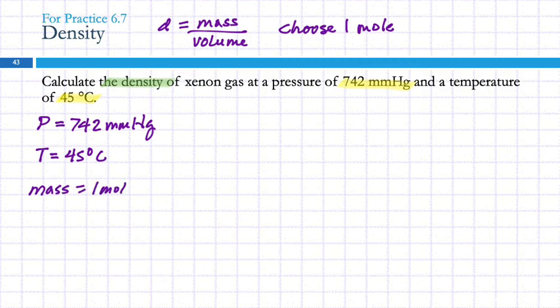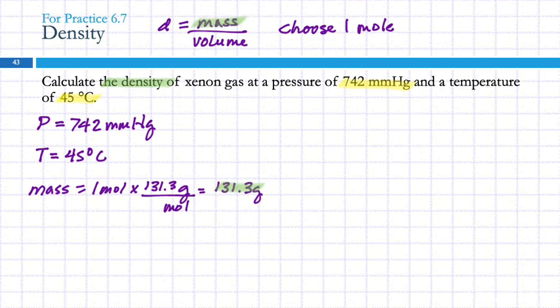One mole of gas, we're going to use the molar mass from the periodic table. Xenon is 131.3. So the mass of 1 mole is 131.3 grams. That's my mass.